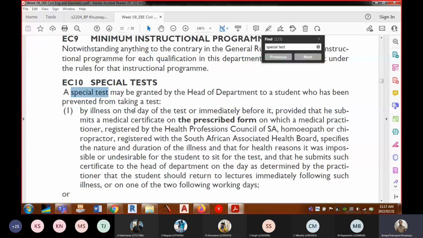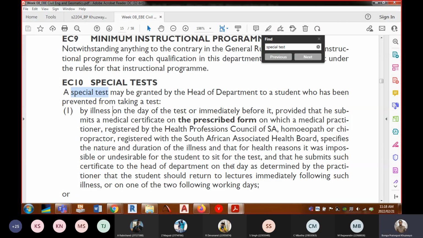But basically, to summarize, the rule is that if you are unable to write a test because of any illness, you're supposed to visit a professional doctor, and then you'll be examined, and you must not forget to ask for a sick note.